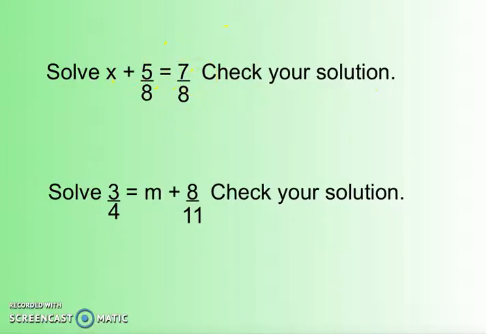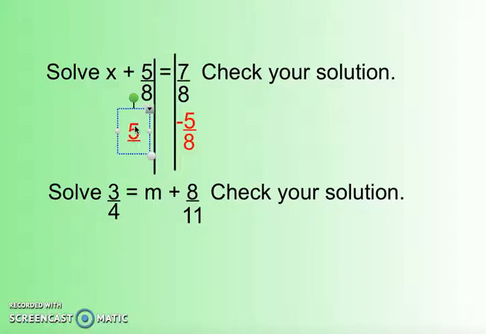So I'm going to take 7/8 and I am going to subtract 5/8 from it because I want to subtract whatever number is next to that addition sign. And so here's my line straight down, and I'm going to subtract 5/8 on both sides so that I keep my equation balanced.